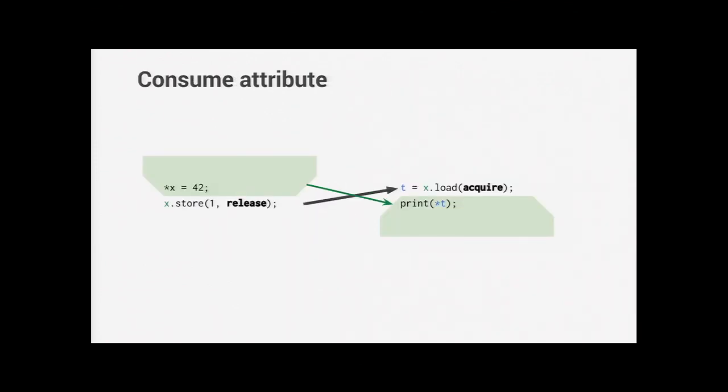Another horrendous example is consume. So first, here's a reminder for what release acquire does. It makes sure that everything before release is visible to everything after acquire. Consume is a weaker kind of acquire that says everything before the release is visible to everything that depends on the value that was loaded by the consumer.